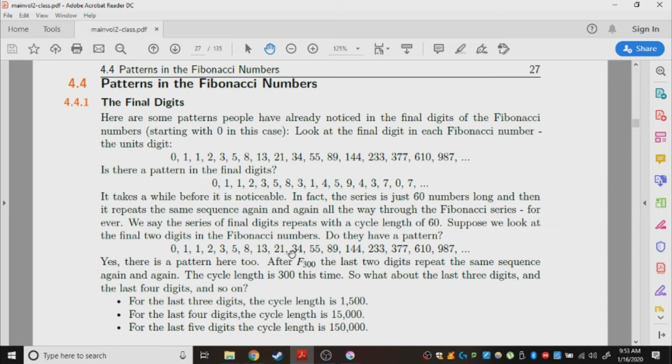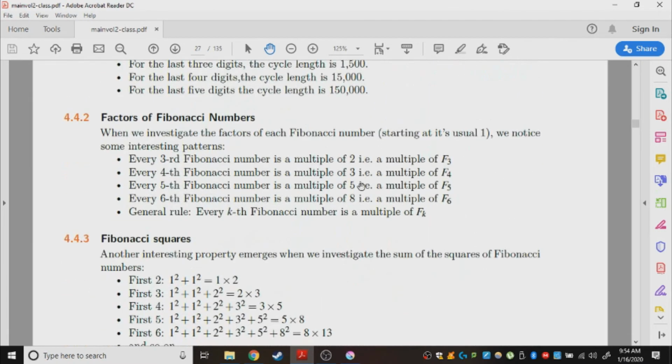You have to go to 60 of them before they start making a loop of 60. The tens digits loop in 300 length. Every 300, the tens digit repeats itself. The hundreds digit repeats every 1500 times, and so on and so on. It's a little extreme, but there's a pattern there.